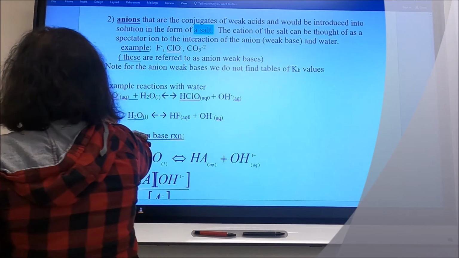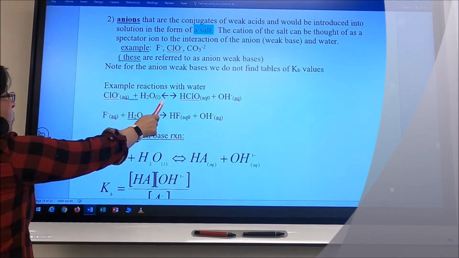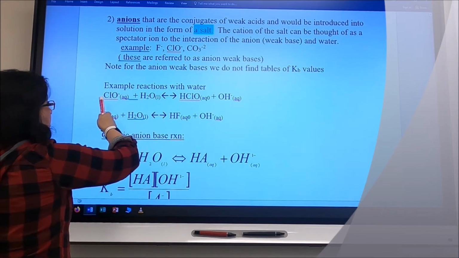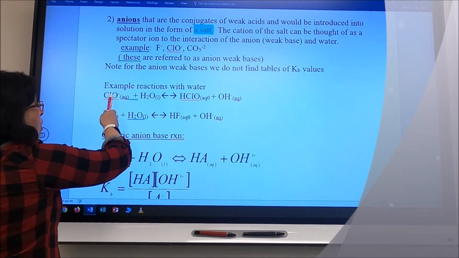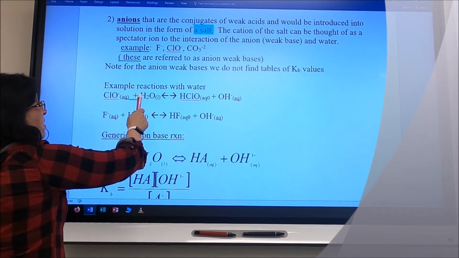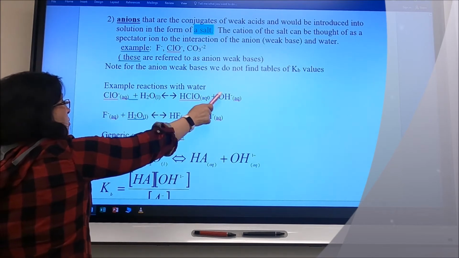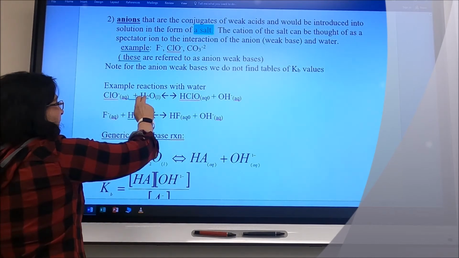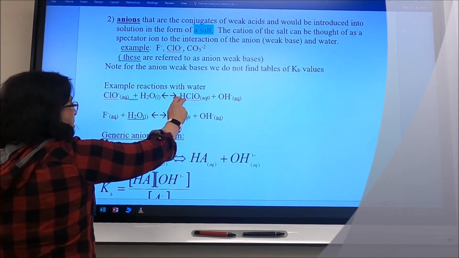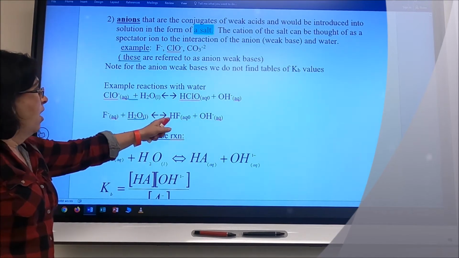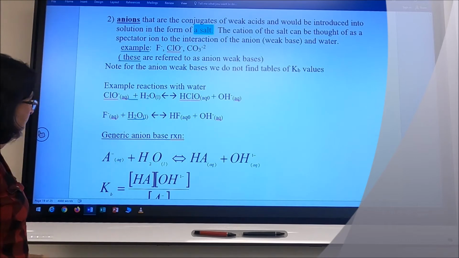So ClO minus reacts with water to give me HClO and OH minus. So to go from ClO minus to HClO, I had to accept a hydrogen ion. Going from water to hydroxide, we had to donate. So weak base, acid, weak acid, base. Fluoride ion with water gives me HF plus OH minus.